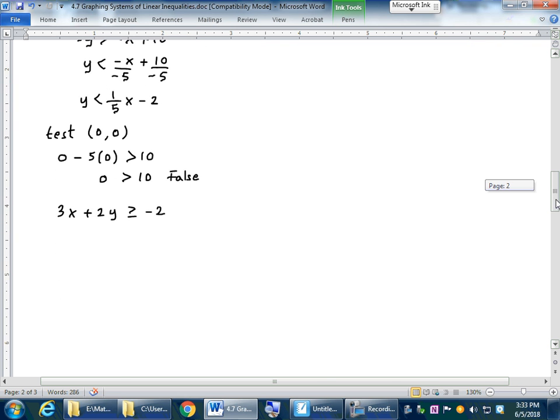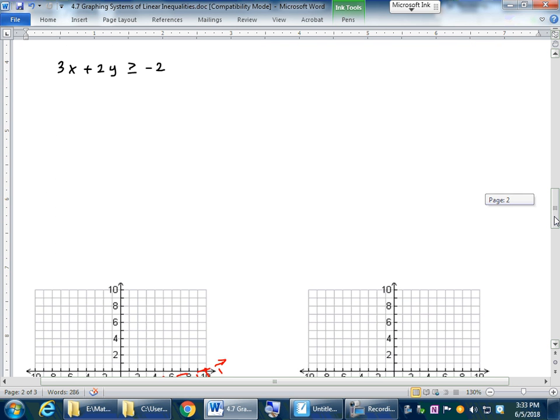First, we're going to look at the boundary line, right? The boundary line in this case is solid because the inequality symbol is greater than or equal to.